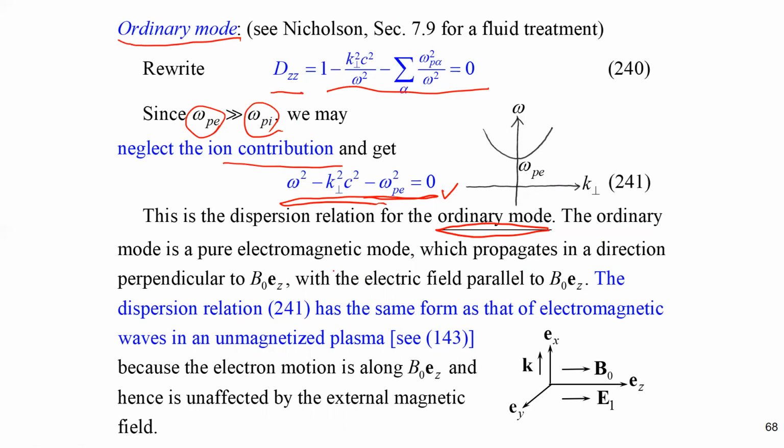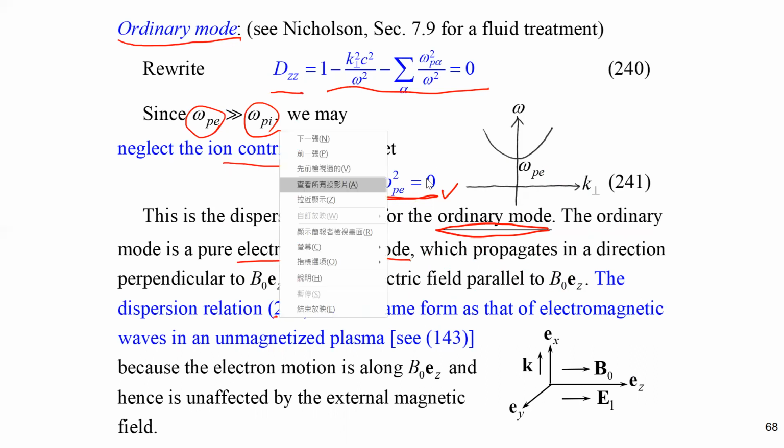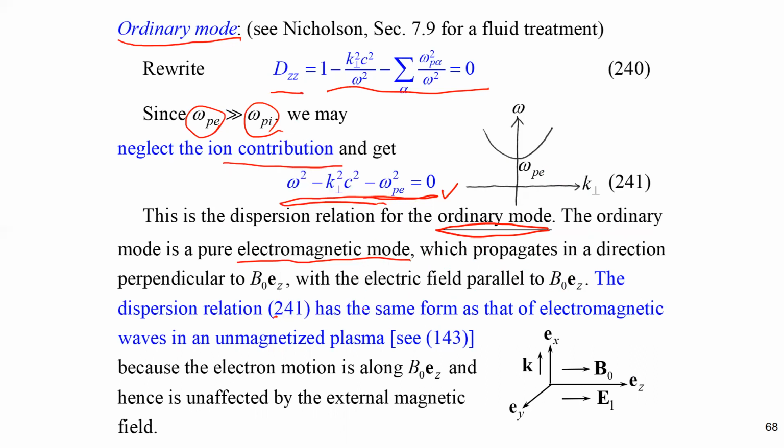The ordinary mode is a pure electromagnetic mode, propagating in the direction perpendicular to the magnetic field, with the electric field parallel to B0, that is Ez. The dispersion relation has the same form as that of the EM wave in an unmagnetized plasma.